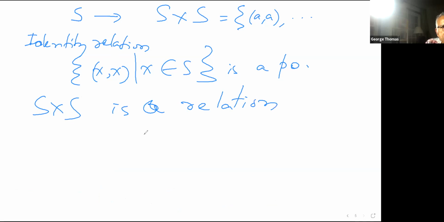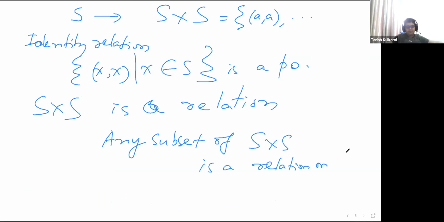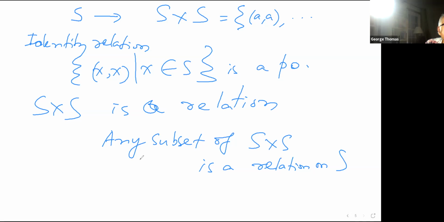What is a relation? Any subset of S cross S is a relation on S. So if any subset of S is a relation, then this whole thing is a relation, isn't it?